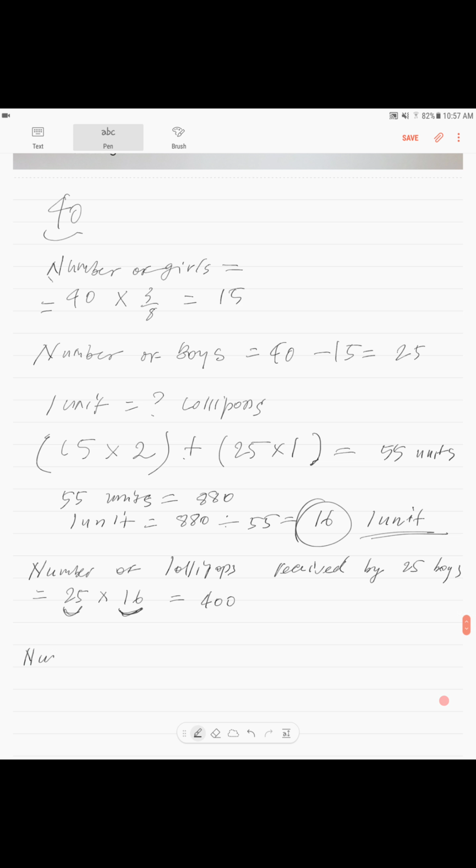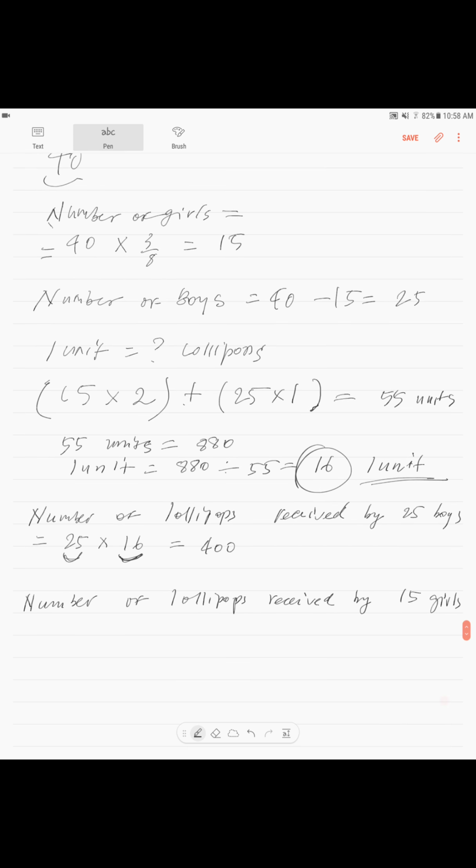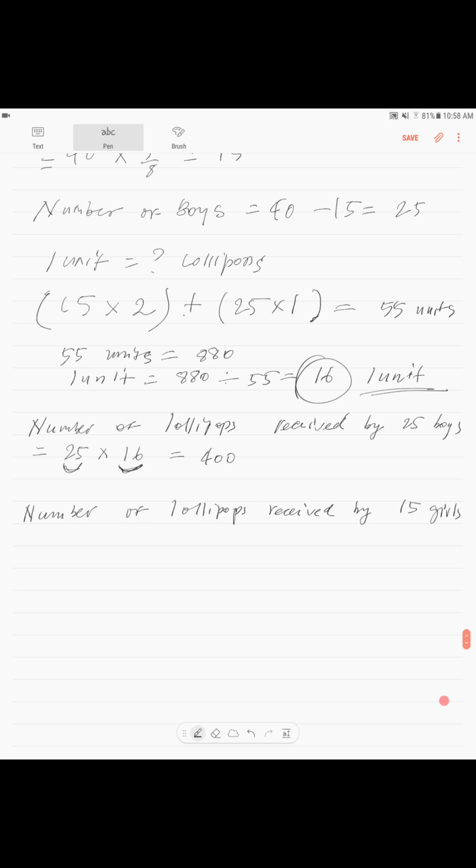Now we need to calculate number of lollipops received by 15 girls, right? So 15 times 16, 1 unit, and they got twice as much, so times 2. If you calculate this, it's gonna be 480. 400 plus 480 is 880 total amount, right?